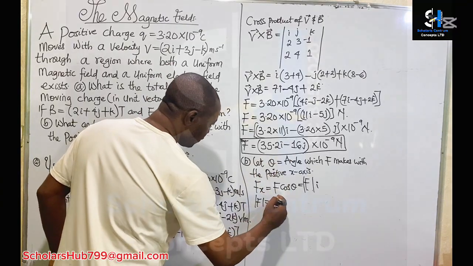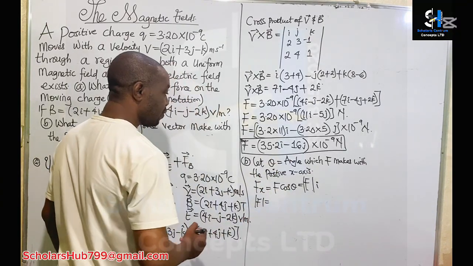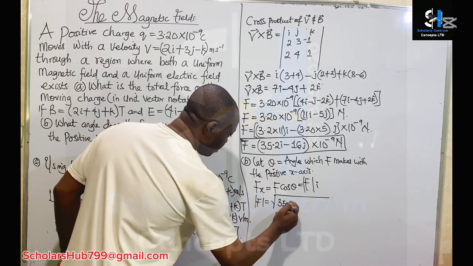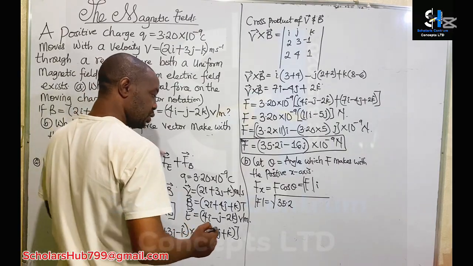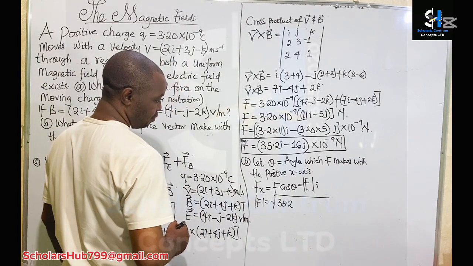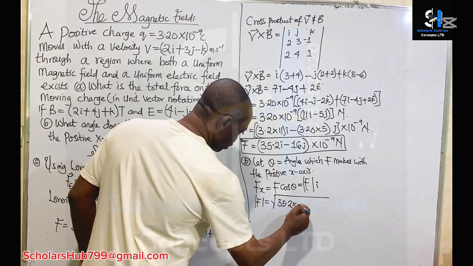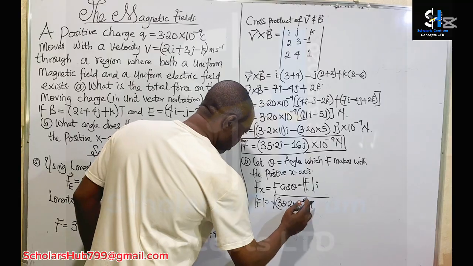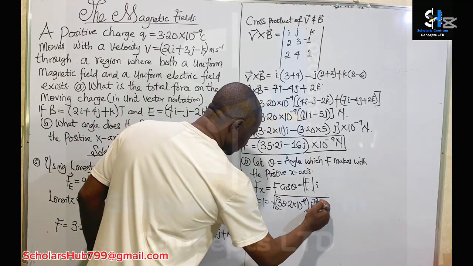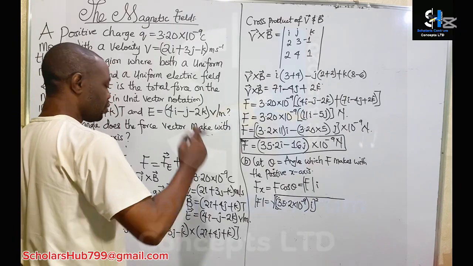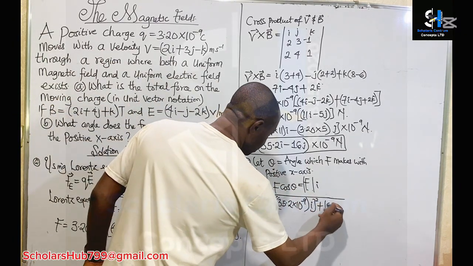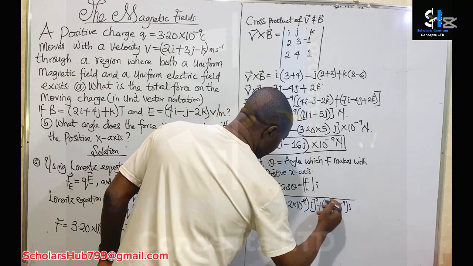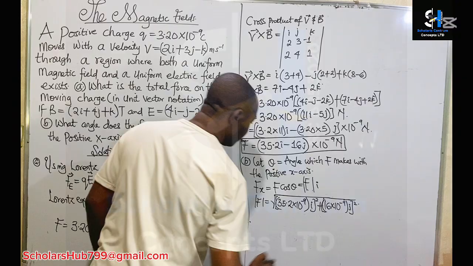So we need the square root of 35.2 times 10 raised to the power of minus 9 i, raised to the power of 2, plus 16 times 10 raised to the power of negative 9 j, also raised to the power of 2.